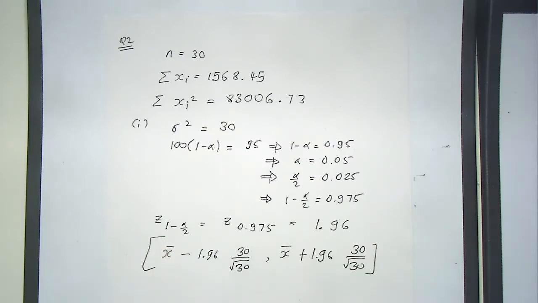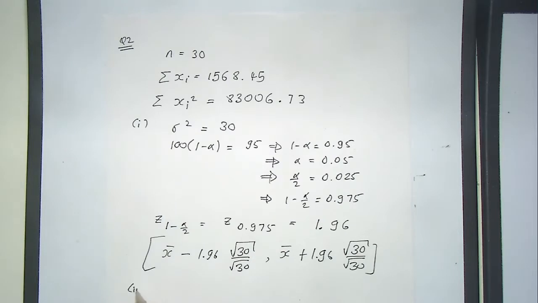So this is the confidence interval. You follow me? Yes. Because sigma squared, the sigma squared, yeah. Sorry, you're right. Thank you. So this is the answer to part 1.